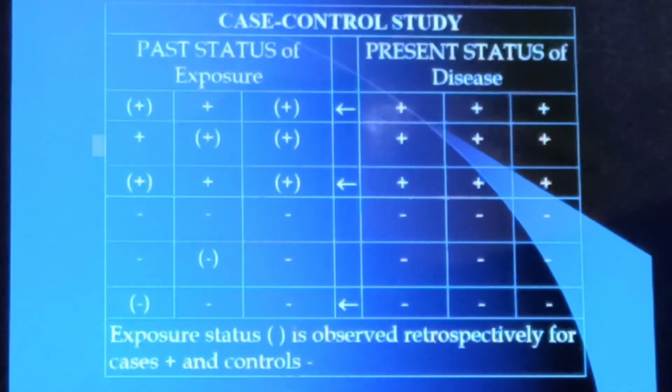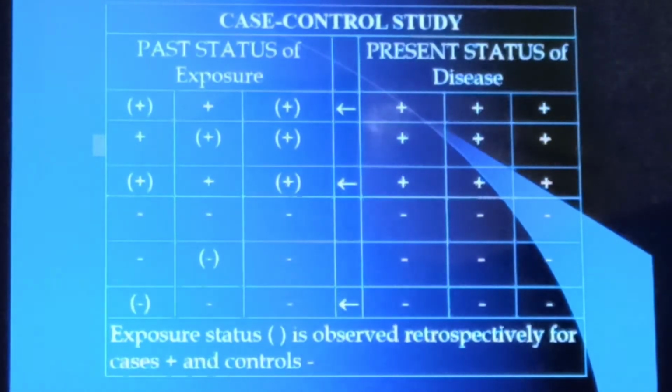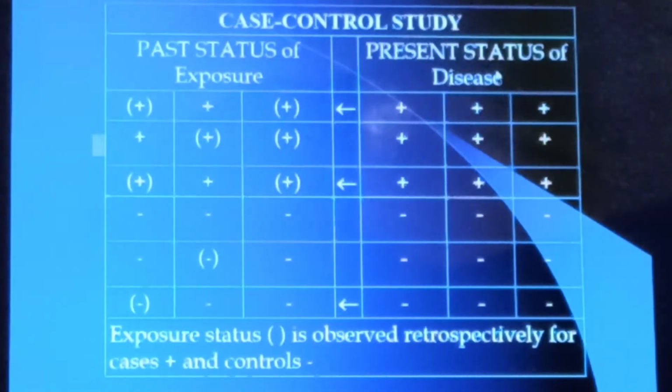The next is the case control study, for which we gave the example of lung cancer cases and non-cases. Instead of the left side, you go to the right side, where you can see the presence of disease. We are not waiting for disease to happen; the disease has already happened, and we are enrolling.